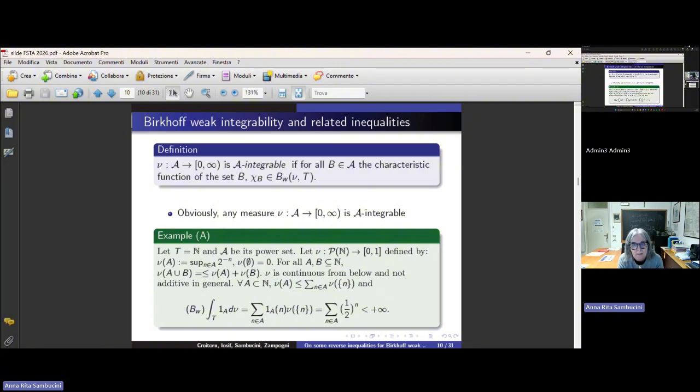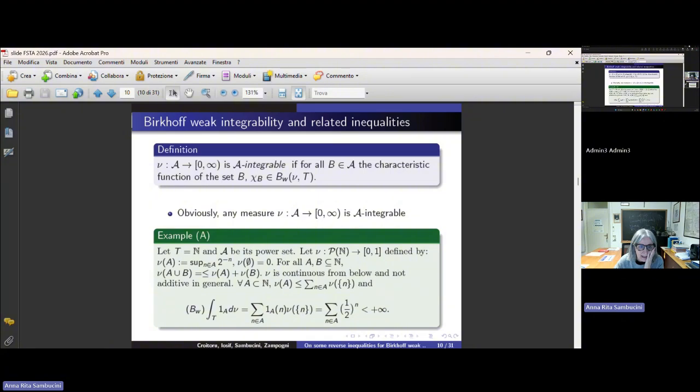Obviously, all finite measures are integrable. Here we give two examples. The first, I call it example A, is a set function which is only continuous from below and subadditive, and thanks to the geometric series, it is also integrable in our sense.